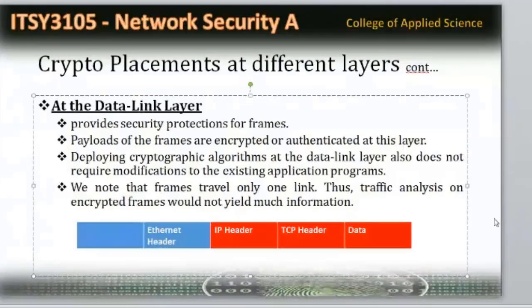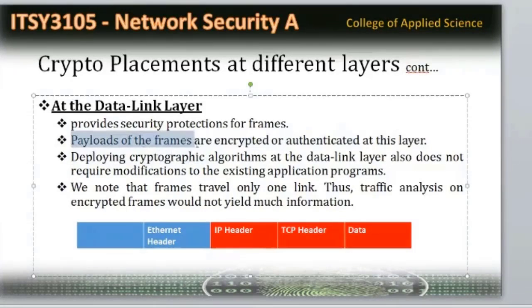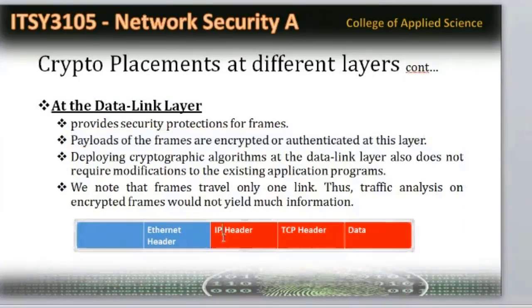So what I'm going to do is encrypt this entire red color part. In the data link layer, what you can encrypt is the payload. The payload of the frame is encrypted or authenticated in this layer. This is called the payload part, given by the previous layers.